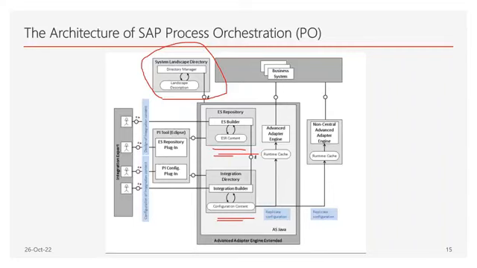So as a developer you have two options. Either you can directly communicate with the Integration Builder and Enterprise Service Builder to develop the objects, or you can communicate using the NWDS Eclipse tool to develop the objects. Anything can be done.